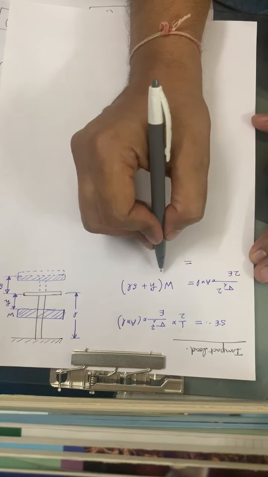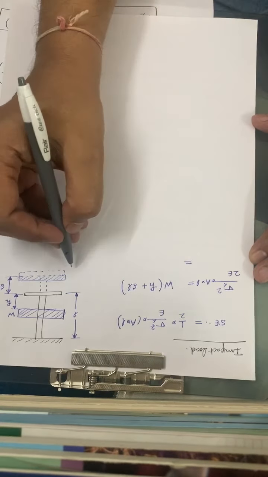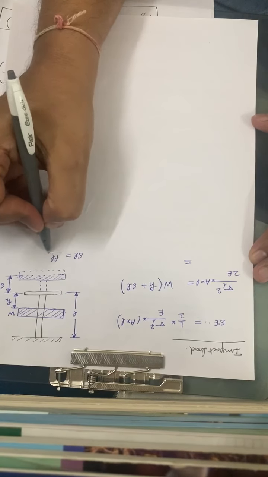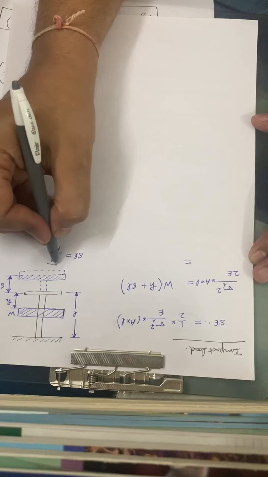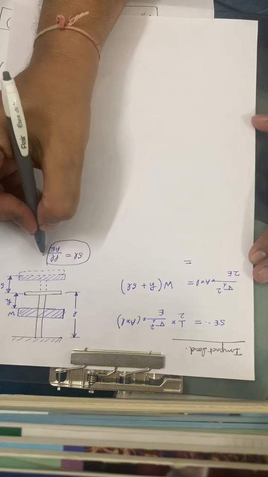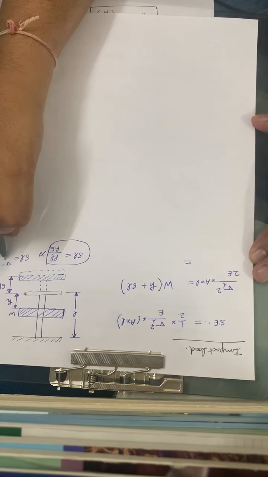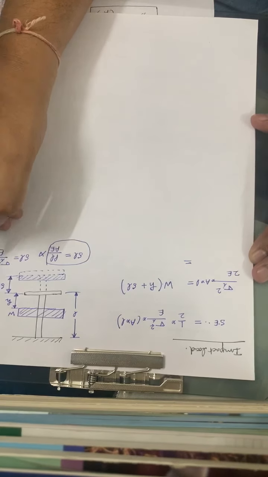And here we cannot write delta L as P into L upon A into E. You cannot write this. So delta L we have to write in this case as sigma I into L upon E, because it is a case of impact, right?